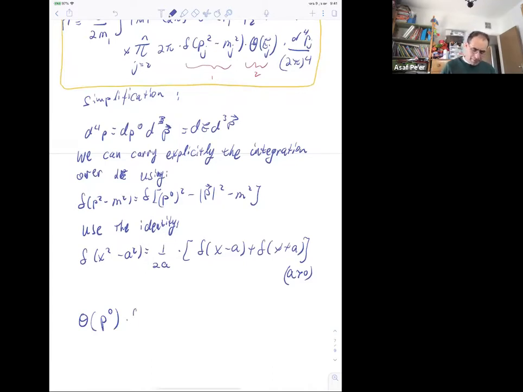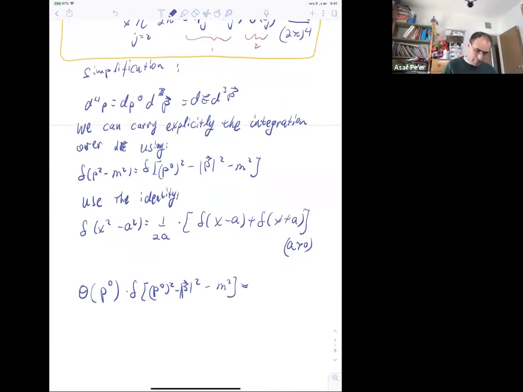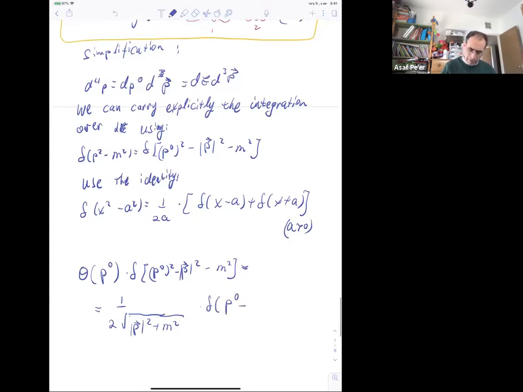Times delta of p0 squared minus p vector squared minus m squared. This is equal to 1 over 2 square root of p vector squared plus m squared. Right, that's 1 over 2 E times delta of p0 minus square root of p vector squared plus m squared.